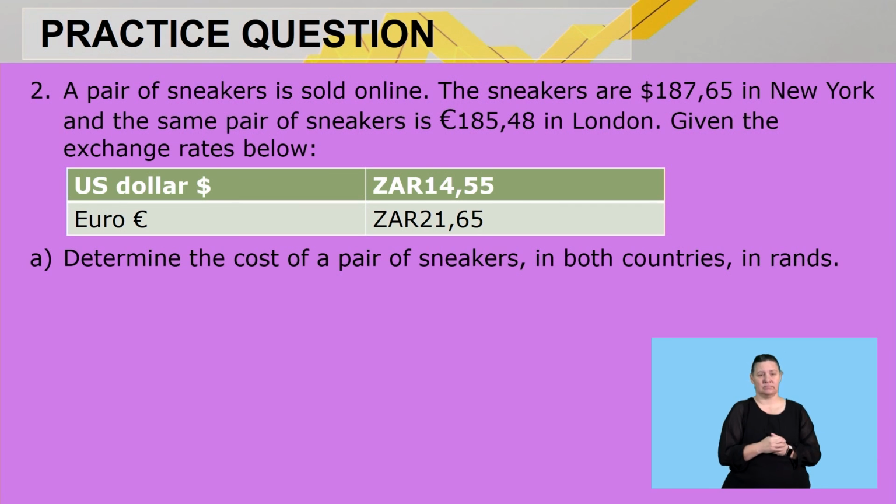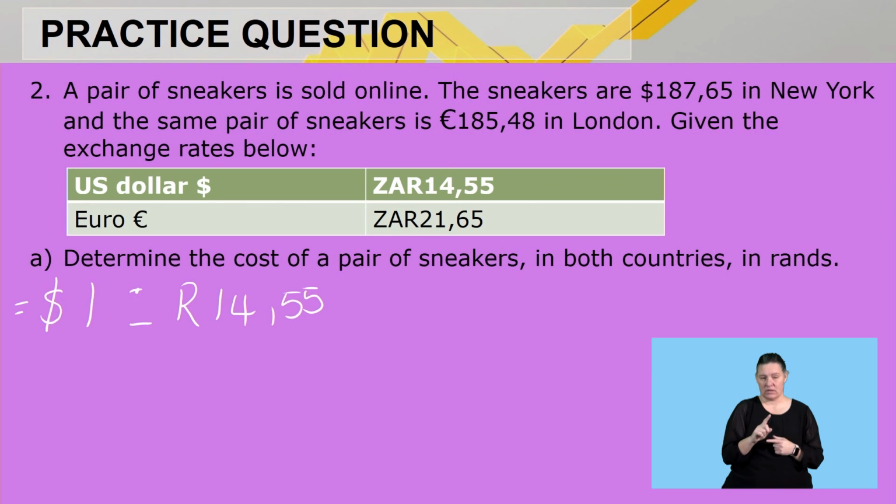Firstly, we have the US dollar, so $1 will be equivalent to 14 rand 55. So now this is in New York. So we can just say that there, so that we can differentiate between the two.